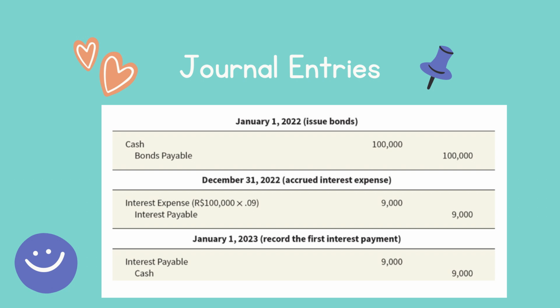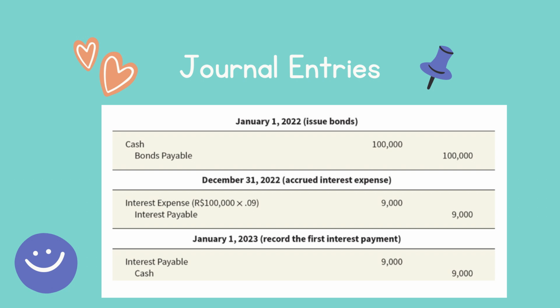Okay, now the next day on January 1st, what's gonna happen? I'm gonna pay the interest, the 9,000. So I need to decrease the liability, which is interest payable. So interest payable will go down in the debit side. And again, you are paying, I'm gonna pay, so cash will decrease in the credit side. It's an asset. Assets decrease in the credit side. Hope it's clear.